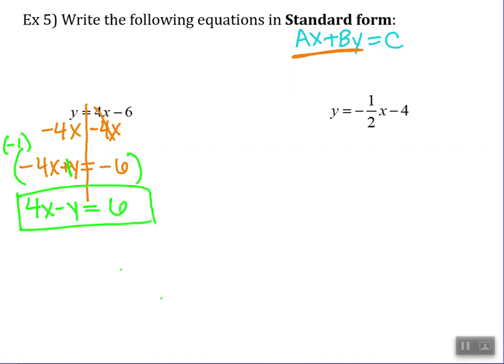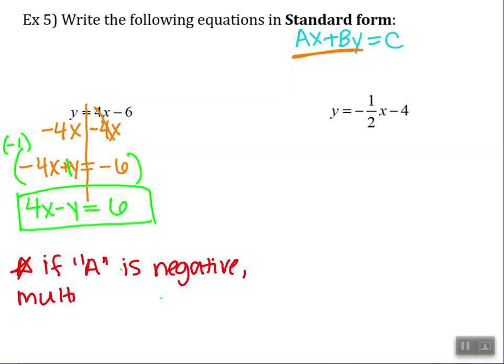So if your a turns out to be negative, we're going to multiply by negative 1. The whole thing gets multiplied by negative 1, not just one term.